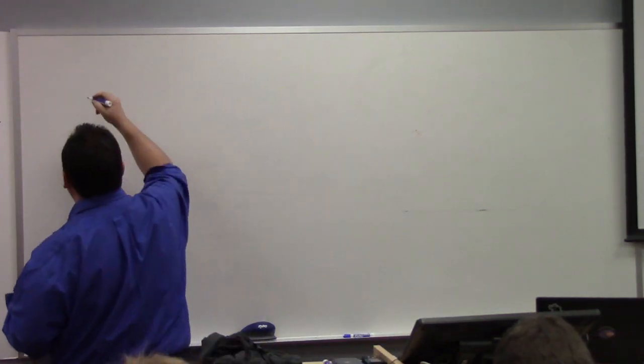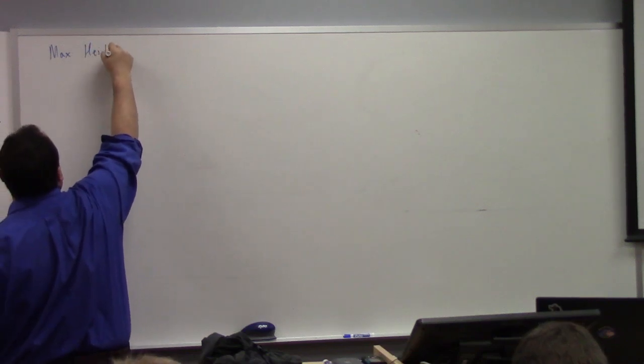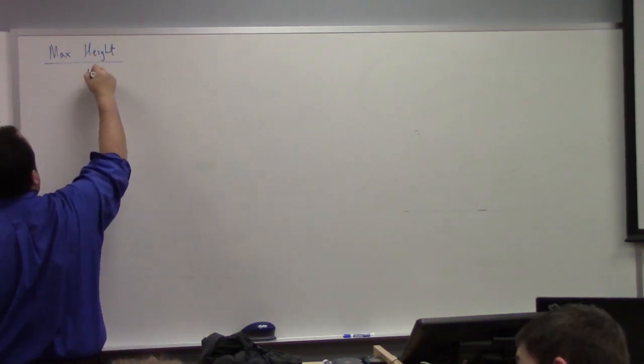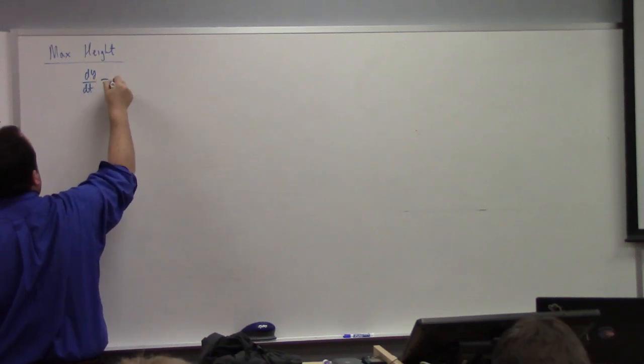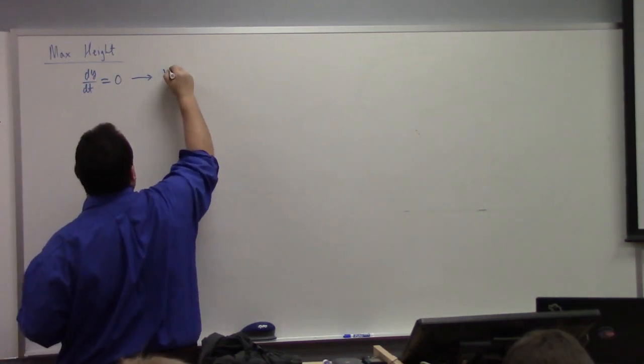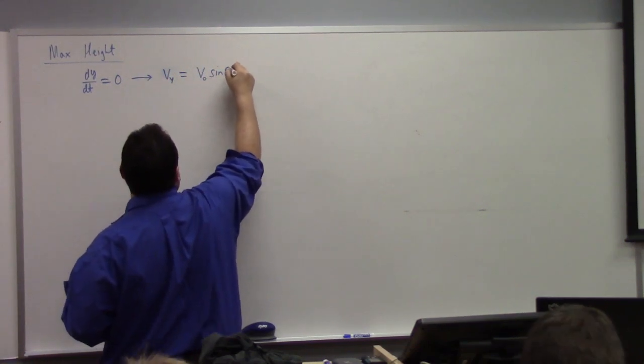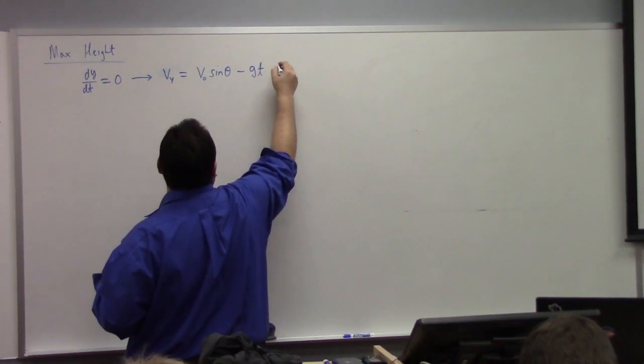When the velocity in y is 0, right? So let's figure out max height. That's going to be where dy dt is equal to 0. That gives us a critical point for y, which is to say that vy, which is v naught sine theta minus gt, is equal to 0.